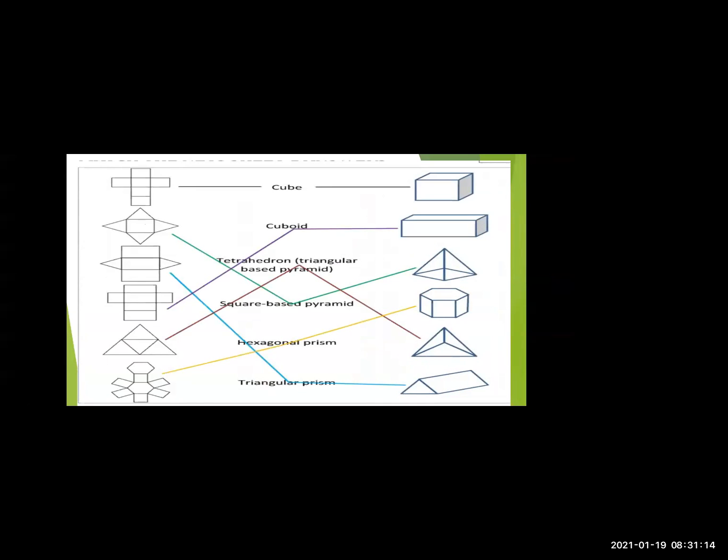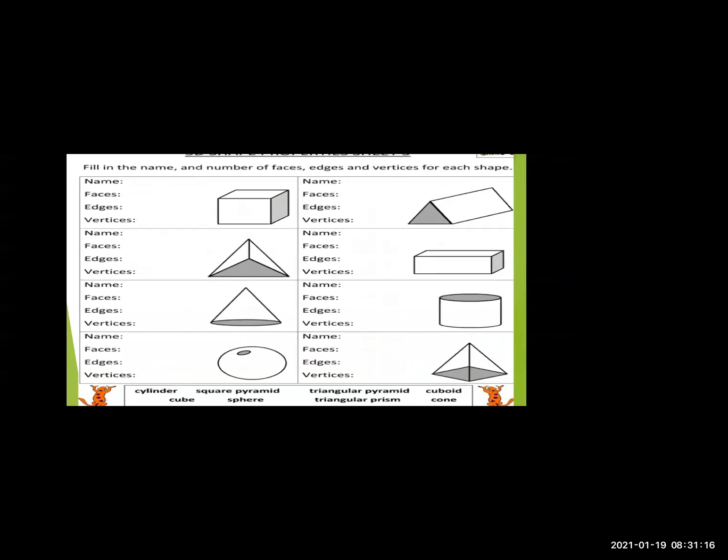Already we saw this, we have matched these figures. Now, my dear students, can we solve this? What is the name of the first shape? Can anyone tell me? Cube. Yes, cube. It's a cube. Very good. How can you tell that it's a cube?